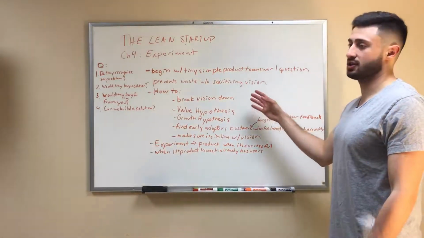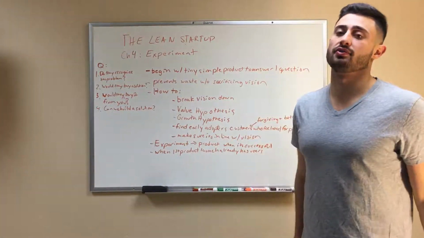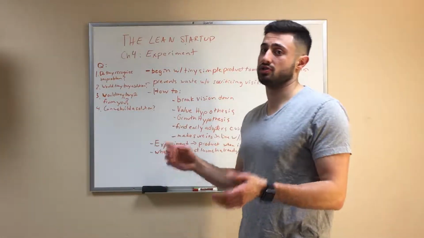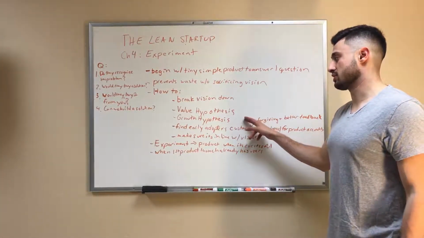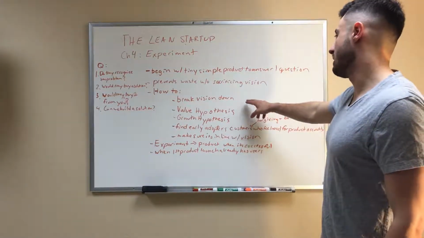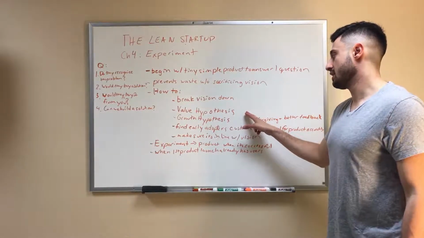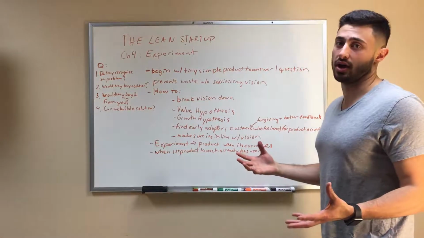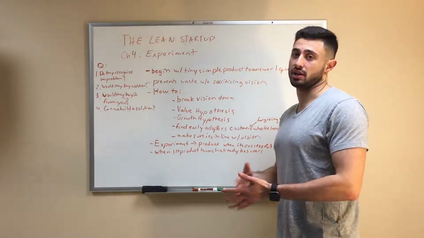You want to take your vision and break it down into its components. You want to know exactly what your vision is and what the individual parts are that you necessarily need for your vision to be true. Then you want these two things called a value hypothesis and a growth hypothesis. A value hypothesis tests whether or not the thing that you are adding will create value for the product or service that you're trying to build.